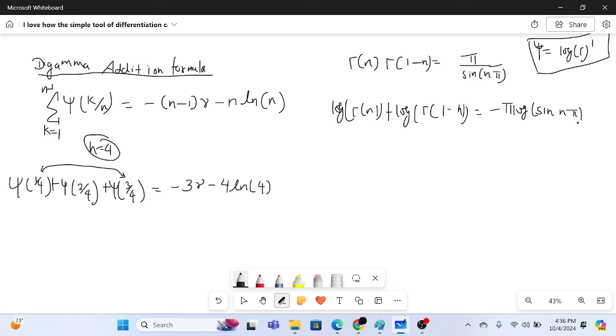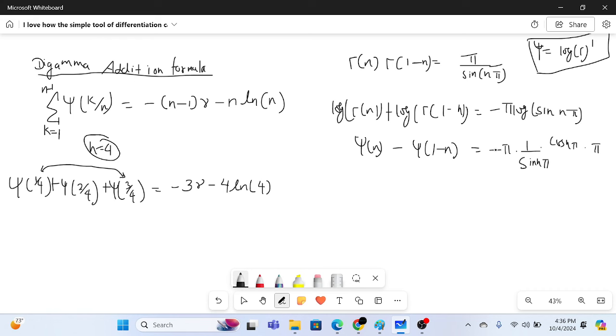Now this is just digamma. If we differentiate, digamma of n minus digamma of 1 minus n is equal to minus pi times 1 by sine n pi times cos n pi, the derivative of the log pi term goes to 0.